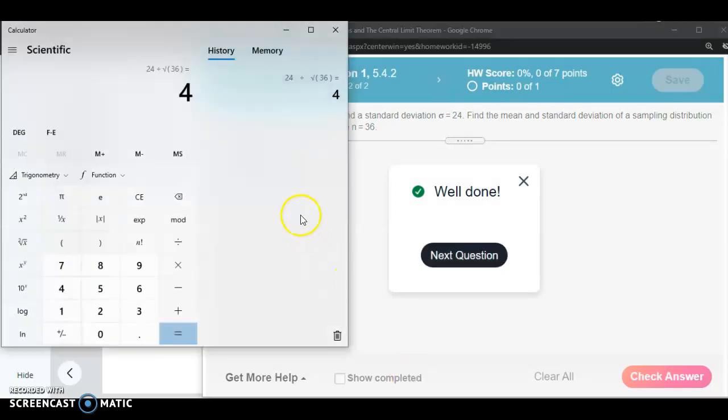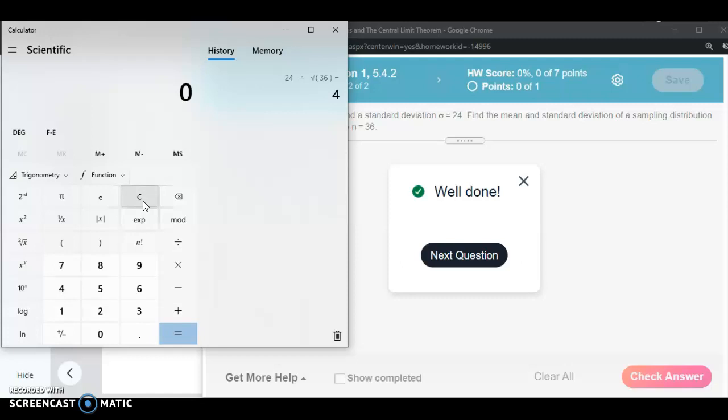So the standard deviation of the sample means is equal to 4. Before we move on, notice how I typed it into the calculator. I typed in the standard deviation of the population first, then hit the division button, then typed the number 36, followed by the square root button. In this calculator, when you want to do the square root of a number, you type in the number first and then hit the square root button. On other calculators, you may have to do it the other way around: you type in the square root function first, and then type in the number you're taking the square root of.